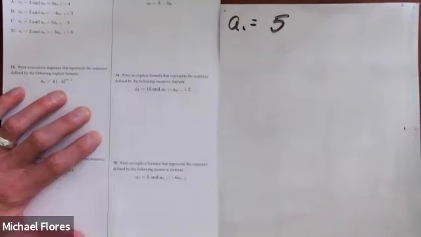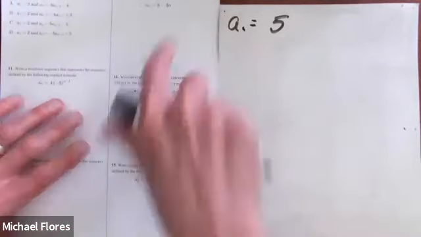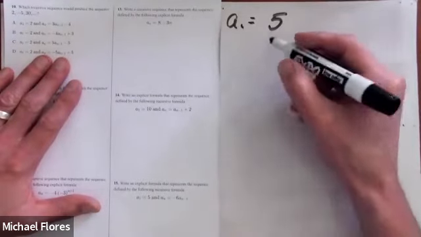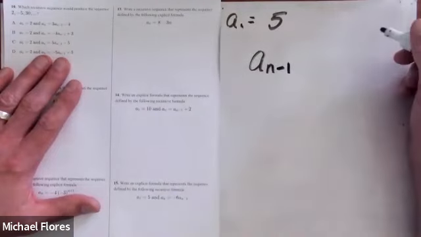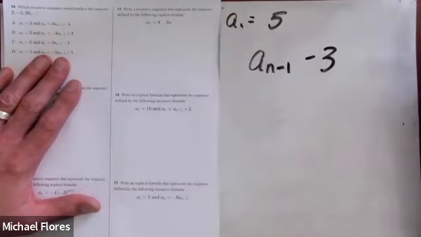Now to come up with our recursive sequence, we're subtracting here. If you look at the formula, 8 minus 3 times n, we're subtracting. So take whatever a subscript n minus 1 would be and subtract 3. Now we have the starting term. Now we have the formula.